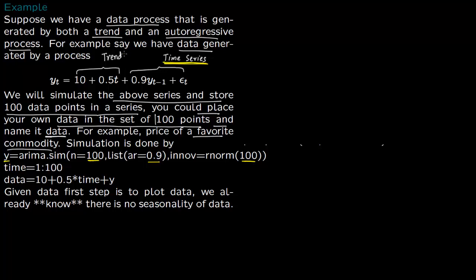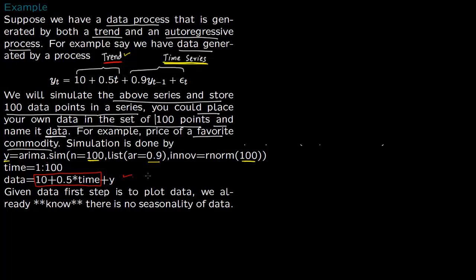Then I have to simulate this trend part. So for the trend part, 100 data points, the time is 1 to 100. And finally the data set would be 10 plus 0.5 times time, this is our trend part, plus y, where y is our time series part.